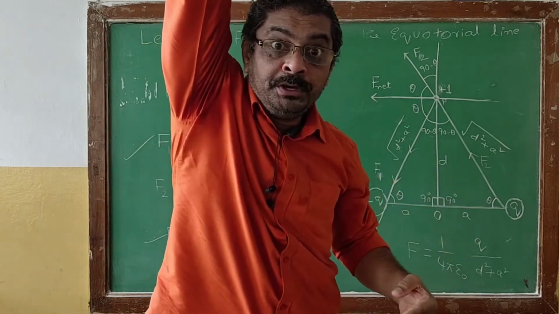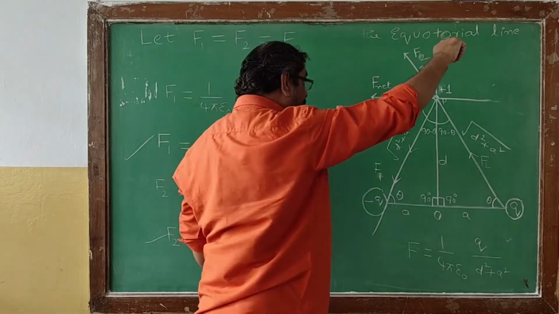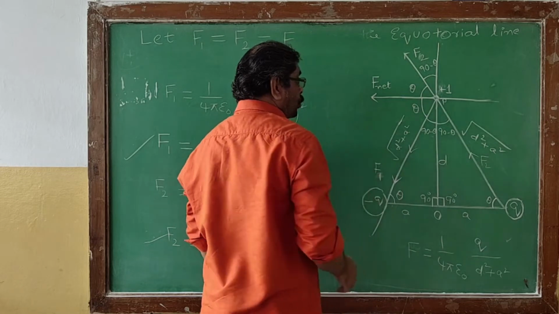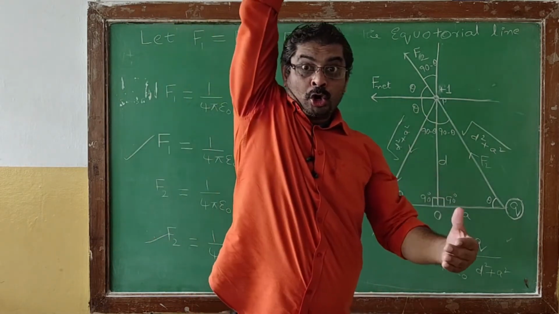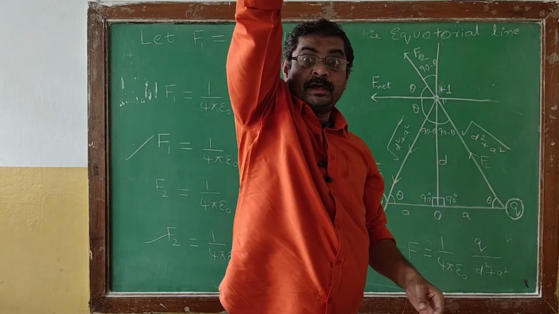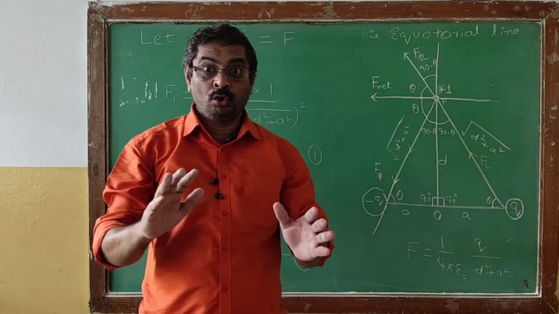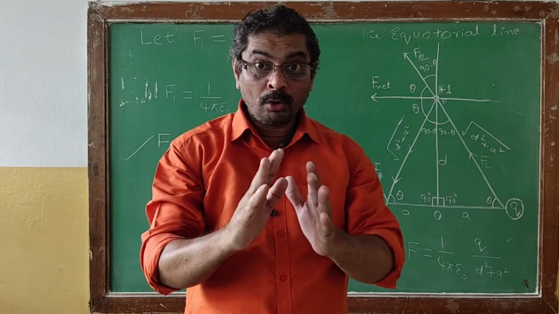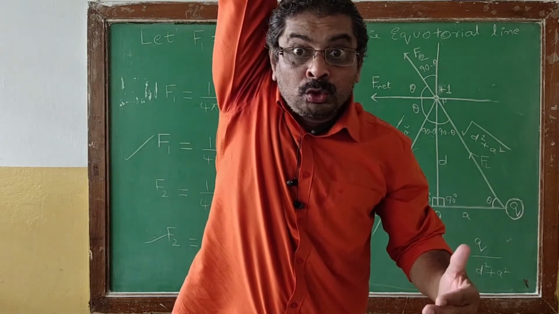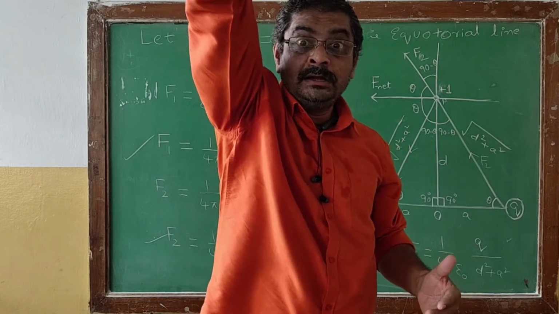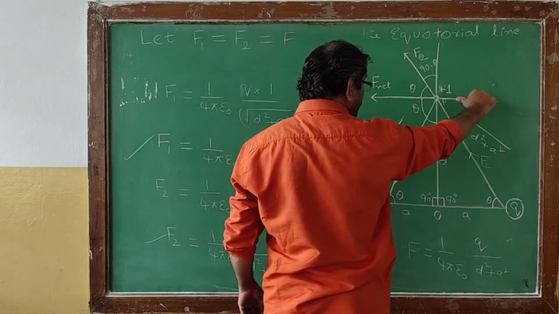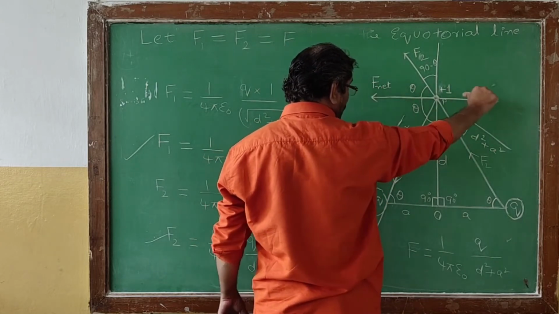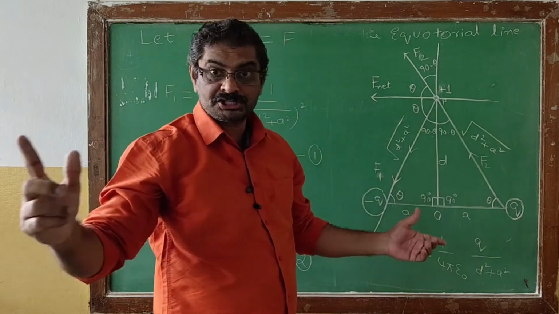You already know the resultant of F1 and F2 will be given by the parallelogram law, according to which the resultant is given by the diagonal of the parallelogram drawn from the same point.